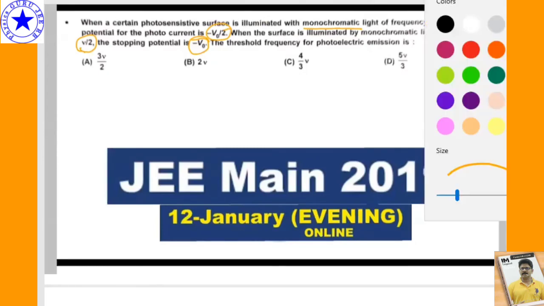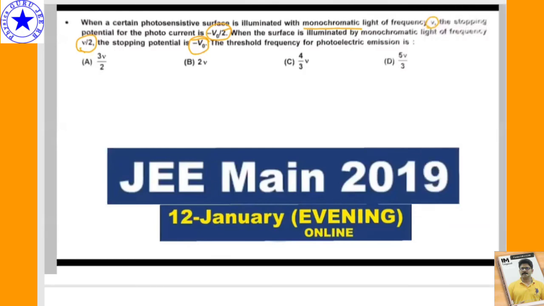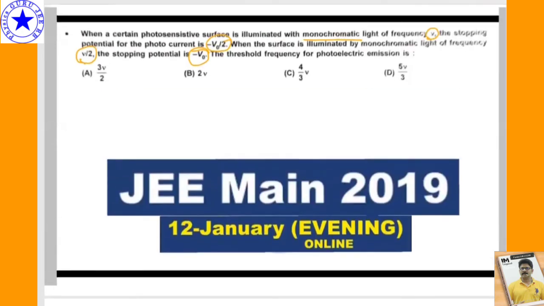If I want to calculate here, let me see. By the photoelectric equation, we have initially h nu equals W plus e V naught by 2, and the second one is h nu by 2 equals W plus e into V naught.